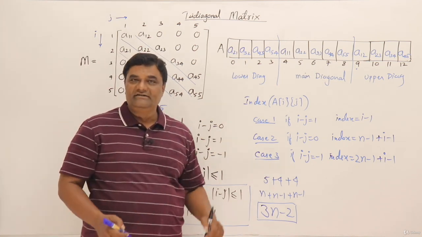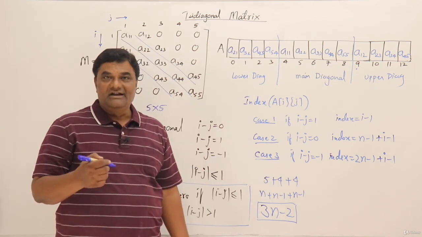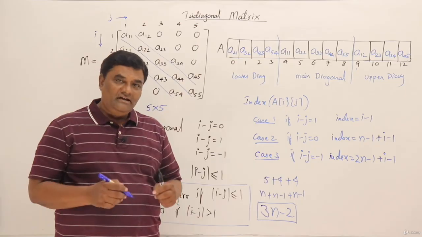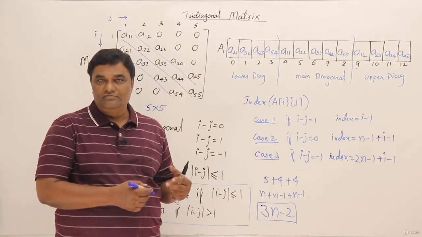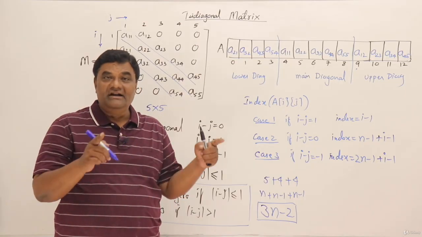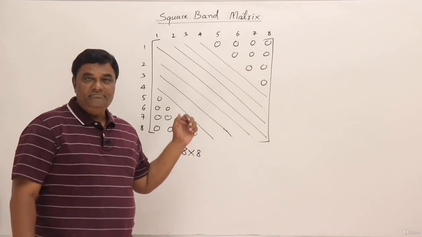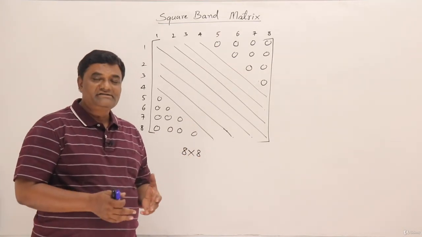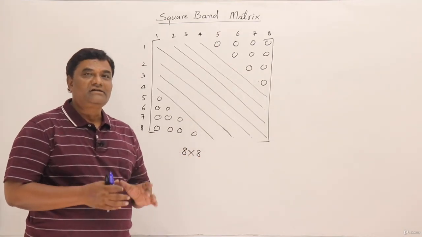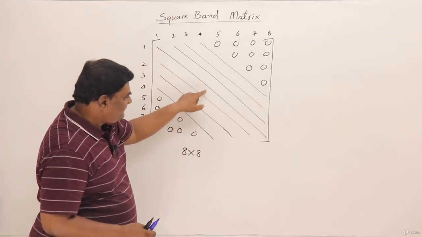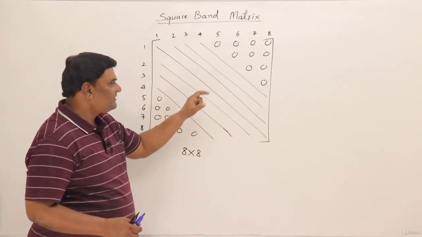So that's all about the tridiagonal matrix. We will write a program for the tridiagonal matrix. Now I will also show what is a square band matrix. A square band matrix is similar to tridiagonal. In tridiagonal, only three diagonals will be there: main diagonal, lower and upper.